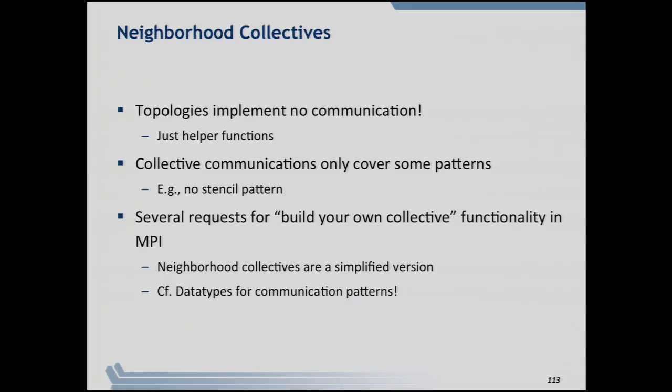And so neighborhood collectives are a way to sort of marry the topology description, which is a nice way of saying which processes talk to which other processes, with the collectives, which is a nice way of communicating to the MPI implementation, as well as to a programmer reading the code, that here's a place where everybody is doing some communicating, but not necessarily with everybody else.